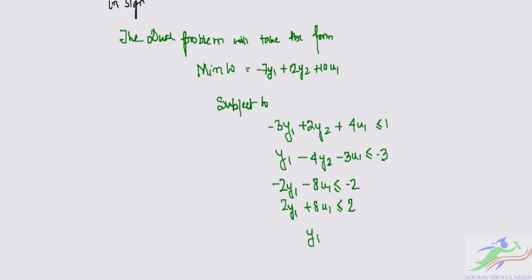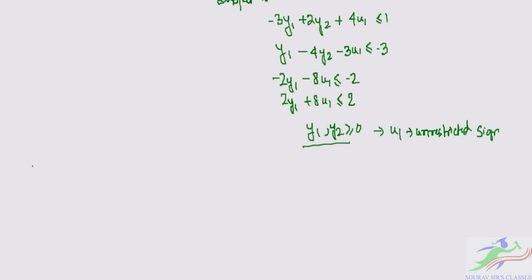So y1 and y2 are greater than or equal to 0, and u1 is unrestricted in sign, right? So it can be written as, finally, so I'm writing it elaborately so it can help you to know what you have to say.